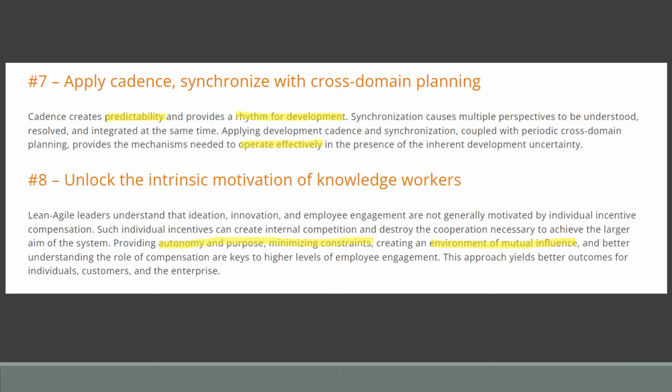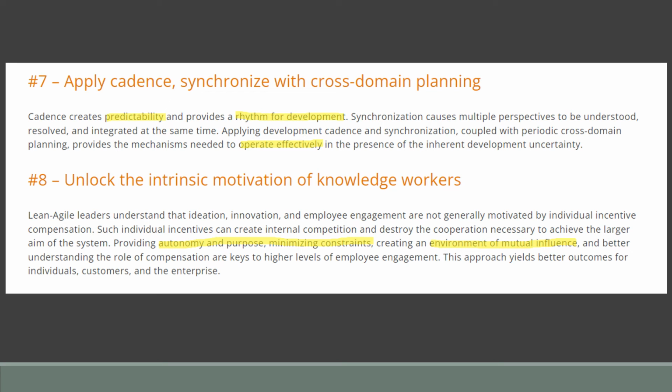You understand the hygiene factors: the salaries, the office environment you provide, all these are hygiene factors. So they cannot motivate employees in a knowledge economy. Lean agile leaders understand that ideation, innovation and employee engagement are about providing autonomy and purpose and minimizing the constraints.